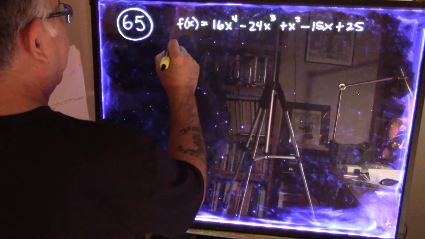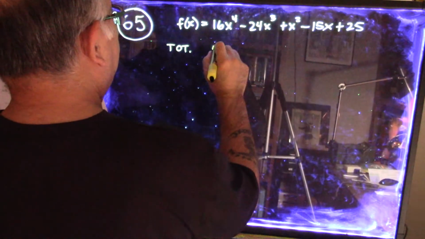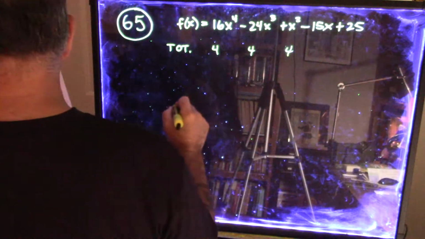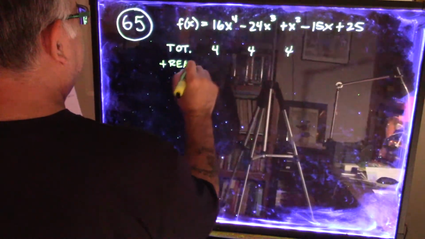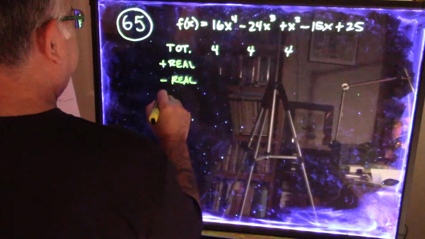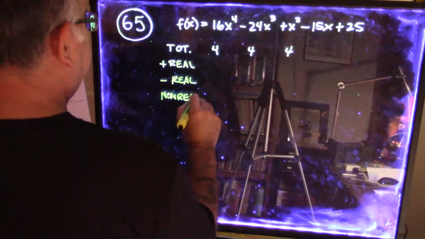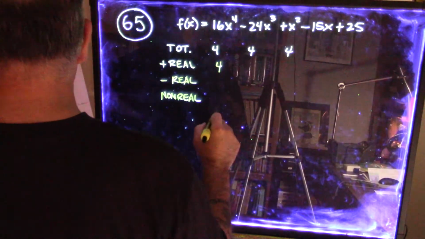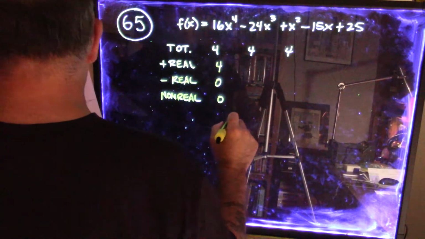So let's make a table for this. We'll have 3 columns for the 3 possibilities here, 3 combinations. Okay, so let's say we've got 4 positive real roots, so that takes care of the other 2 spaces there.